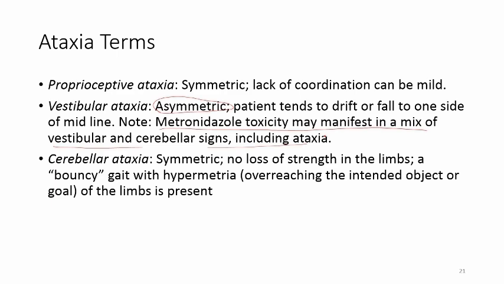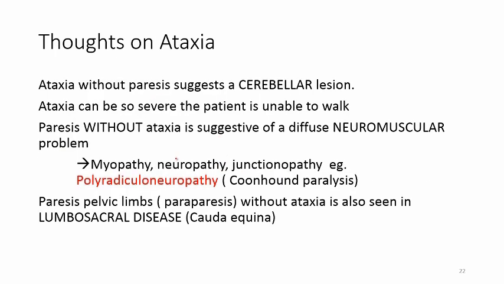Cerebellar ataxia, again, is going to be symmetrical. I'm sure we've all seen these cats who have cerebellar ataxia, where they have loss of strength in their limbs and a very bouncy gait, and they're hypermetric. So it's important when we look at these patients and we say they're ataxic, where's the ataxia located? Here are a few other thoughts for you. If you have ataxia without paresis, you're going to think cerebellum.